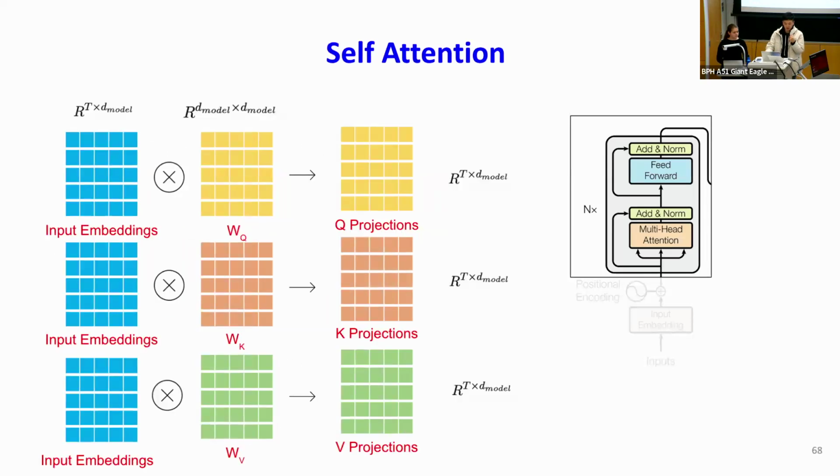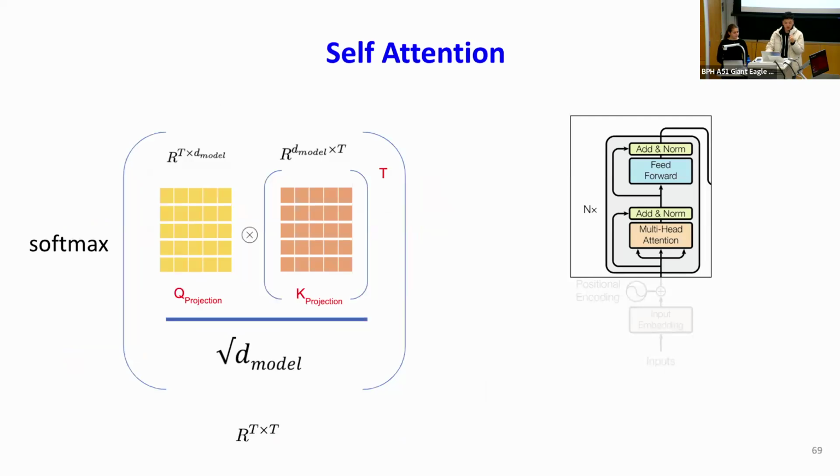And when you throw the QKV into the attention formula, you have something like this. You have the Q projection and you multiply it with the transpose of the K projection, and you normalize that by the dimensionality of the hidden state. The runtime complexity of that is T squared times D model if you're doing it the most inefficient way, which basically just means a bunch of nested for loops.